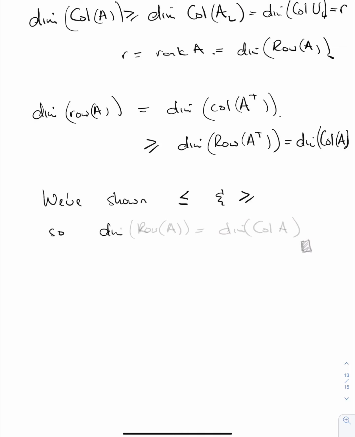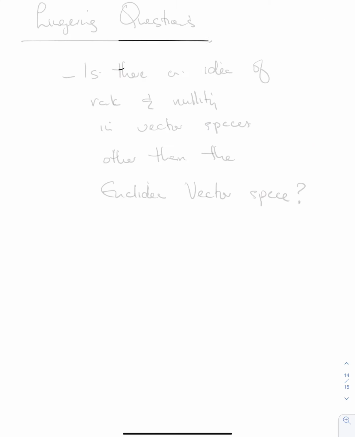So the dimension of the row space of A is equal to the dimension of the column space of A. While the row space of a matrix and the column space of a matrix are certainly usually different vector spaces, they will have the same dimension. QED, end of proof. Let's stop there, but I do want to acknowledge some questions that you might have.